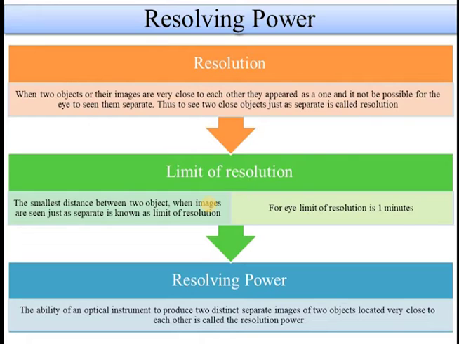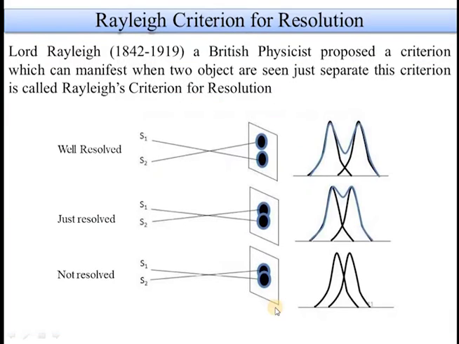That is the ability of an optical instrument to produce two separate distinct images of two objects placed very close to each other is called the resolving power of that optical instrument, and you have studied these definitions in your +2 classes.